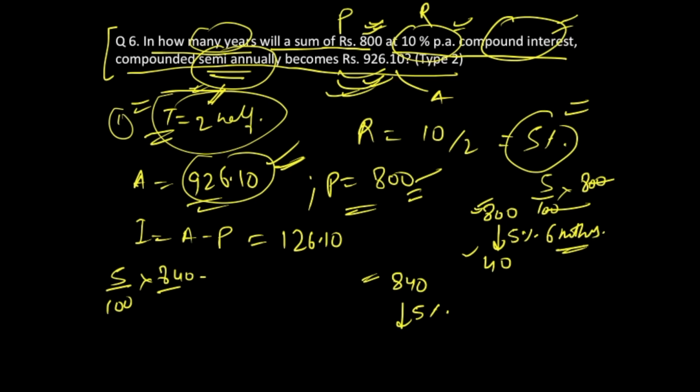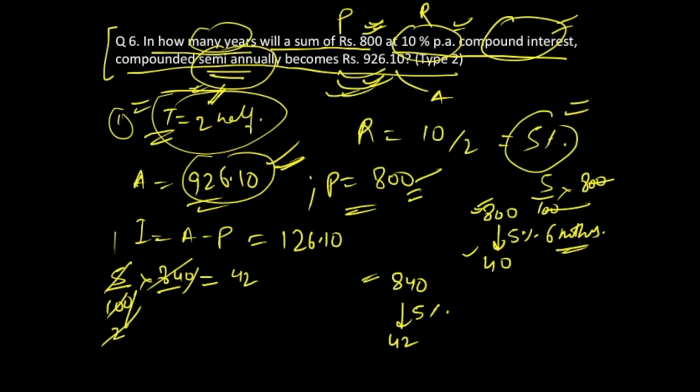If you calculate that, 5 times 1, 5 times 2, and 84 by 2 gives you 42. So 42 is the interest that gets added to 840, right? This is for the second half year.